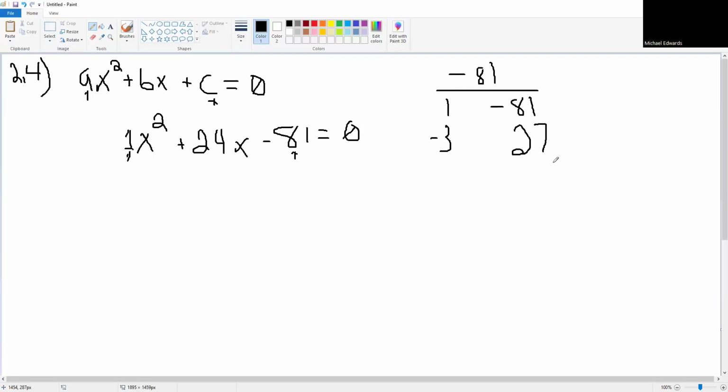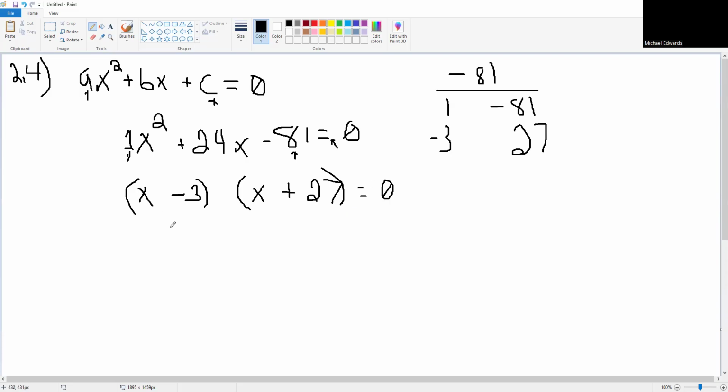So to build this, if you remember correctly, we need to put our parentheses down. Since there is a negative 3 here, we put it here. And a 27, we put it here. And since this is just x squared, we'll just put x in both sections. We'll set it equal to 0. And then all we need to do is solve for x for each one of these.